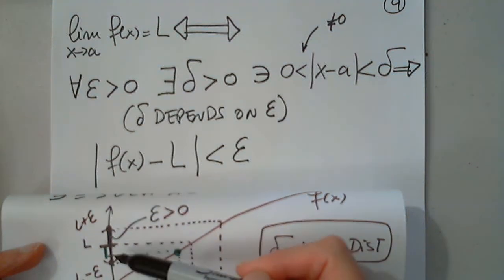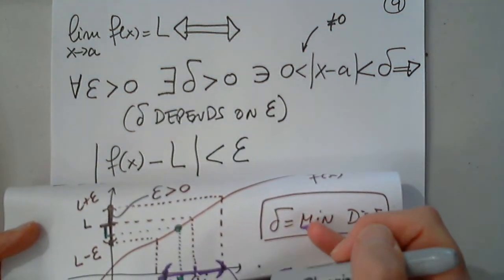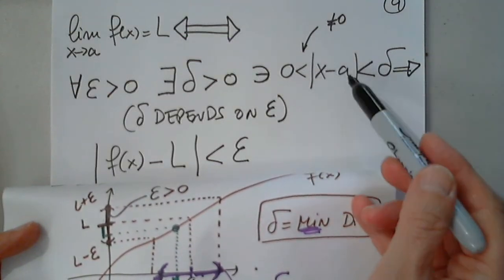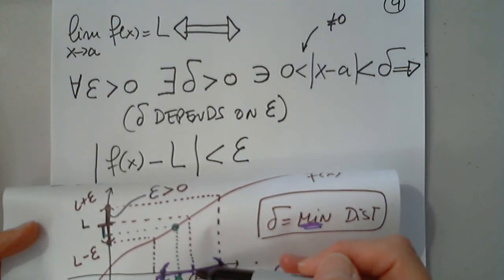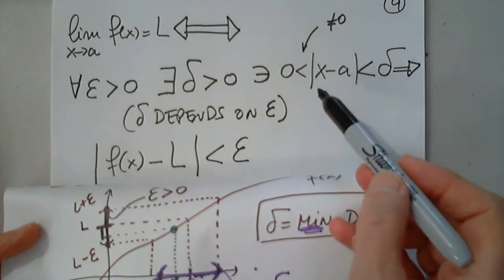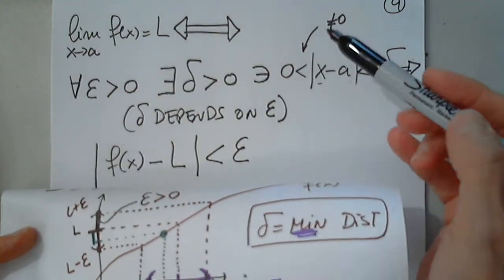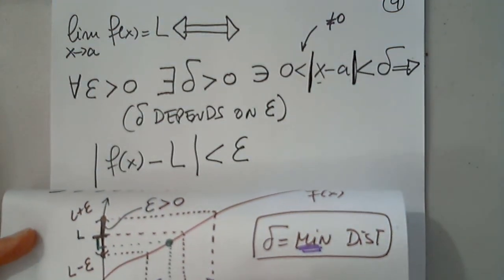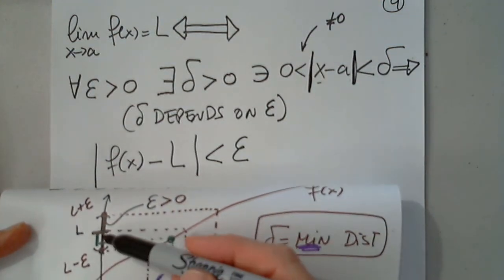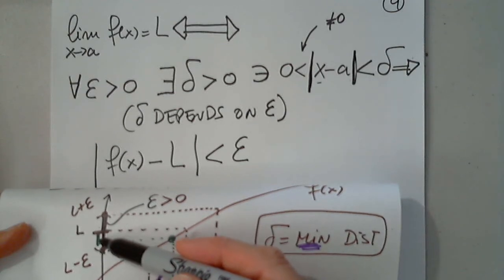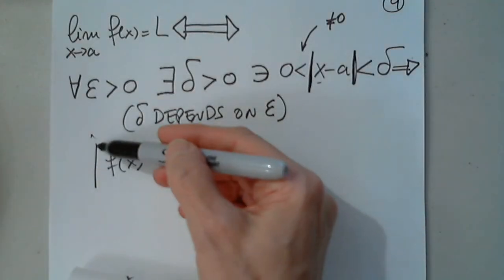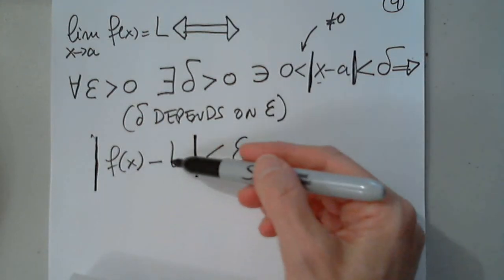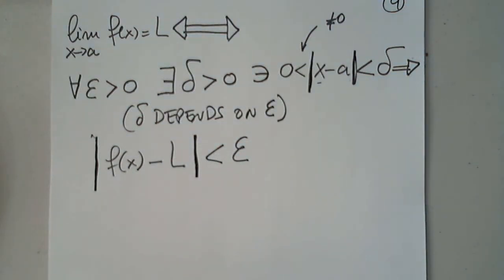For every epsilon positive, I will find a delta positive such that every time I pick x, but not A, I cannot pick A, every time I pick x here with the distance between x and A being smaller than delta, the distance between f of x and L will be less than epsilon.